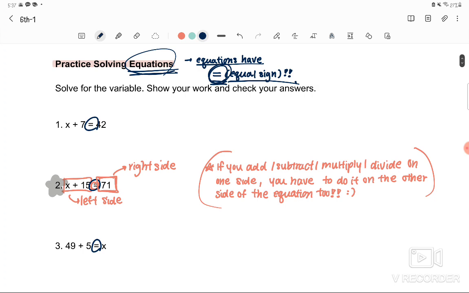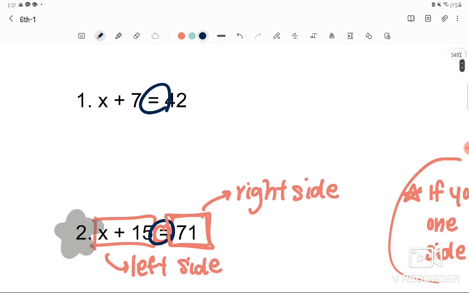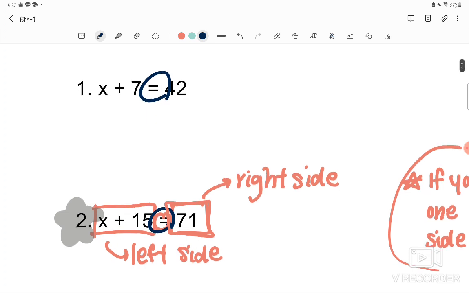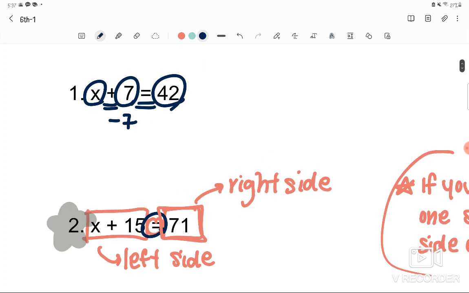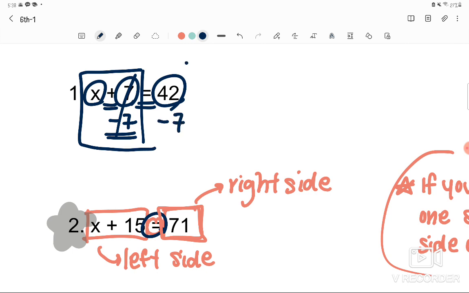Okay, so let's see what I mean by solving these equations. There's x, there's 7, and there's 42. And there's an equal sign, and there's an addition sign. Let's subtract 7 to leave the x by itself on one side of the equation. So 7 cancels out, and since you subtract 7 on one side of the equation, you have to subtract 7 on the other side of the equation.